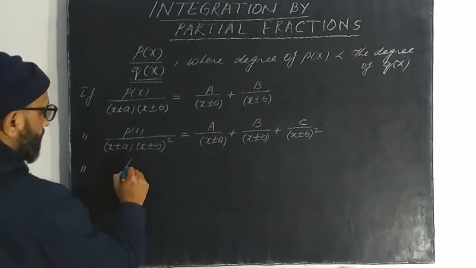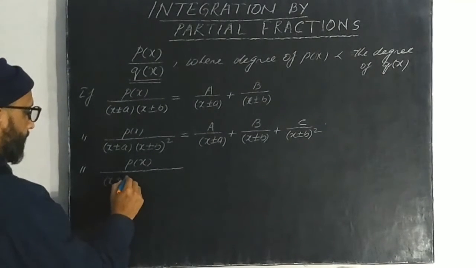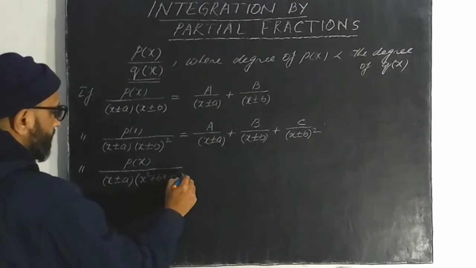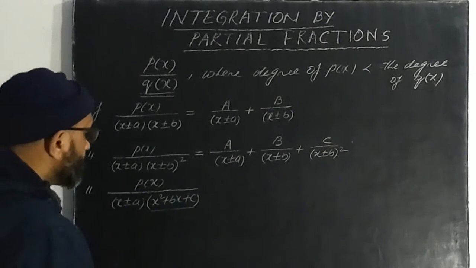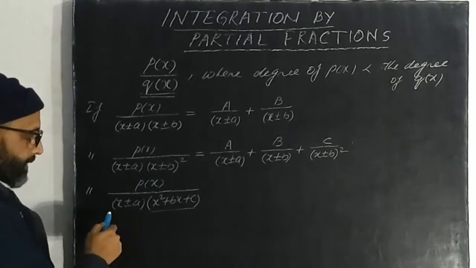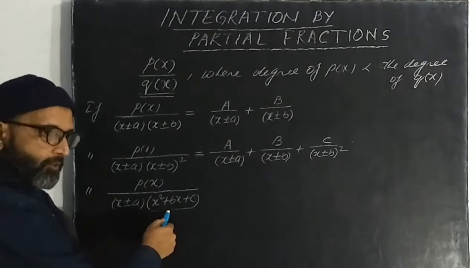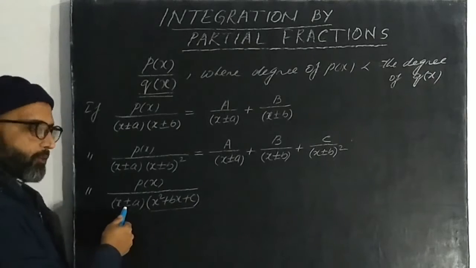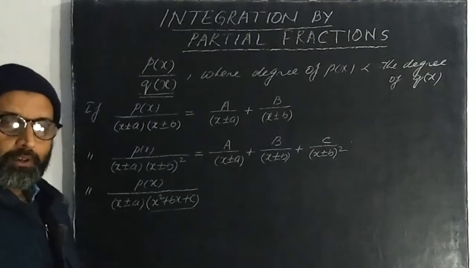Third case: if the integrand is given as P(x) upon (x plus or minus a) into (x square plus bx plus c), that is, if the denominator of the integrand is the product of a linear binomial and a quadratic trinomial, or it may be factorized in the form of the product of a linear binomial and a quadratic trinomial, because sometimes it is not given in the factorized form.